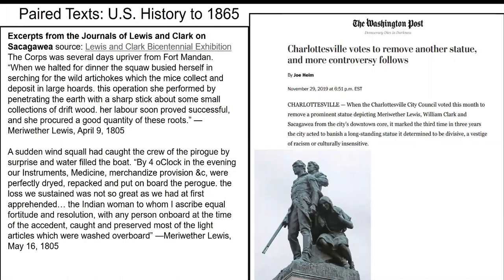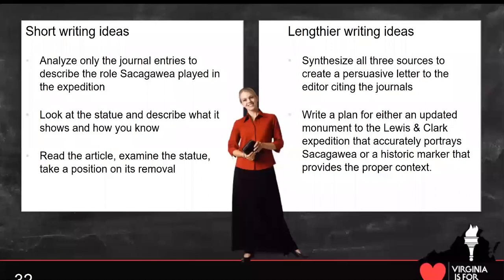Here are some writing ideas surrounding that specific paired text set. It could be very short. You can just have them analyzing the journal entries, and that could be it. And that's very valuable, especially if you're running a little on time and you want to make sure that your students are getting a deeper understanding of content. That's a great way to do it.